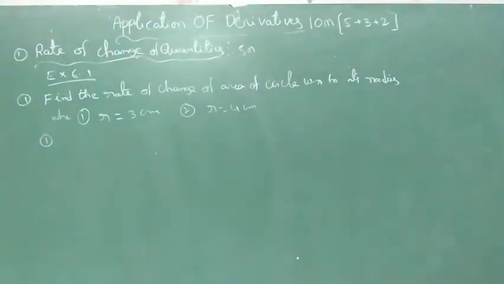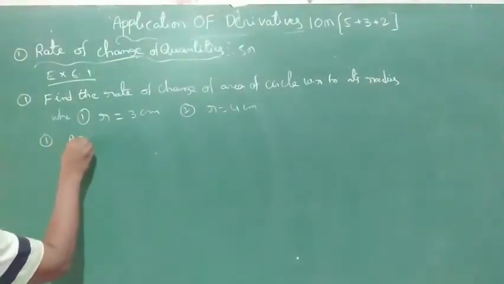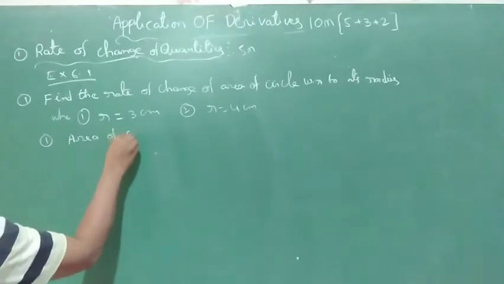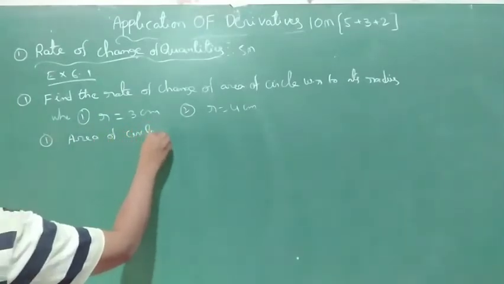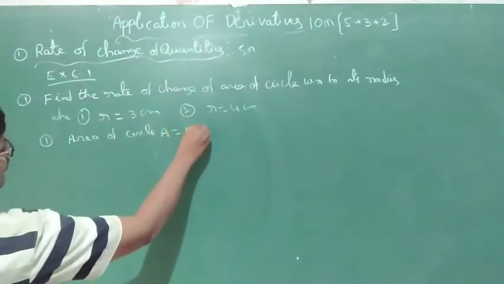So the first one, change of area. Area of the circle, A is equal to pi r square.